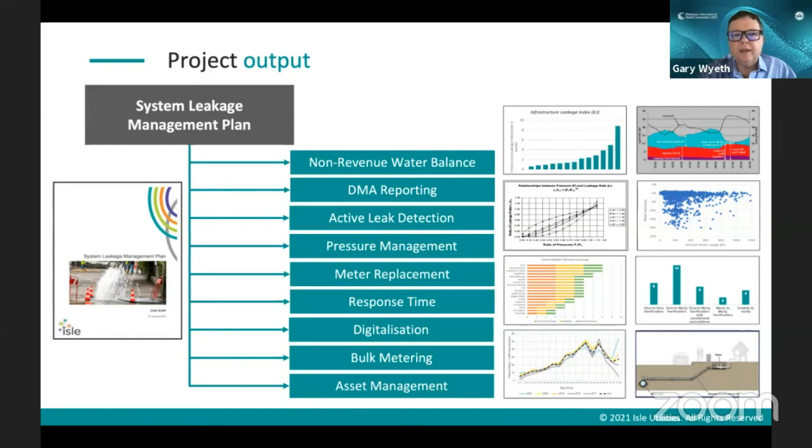All of these 9 areas are a key component of non-revenue water, and managing them properly will help you to manage non-revenue water as a whole. I'm going to go through each of these 9 and go into more detail about some of the areas that we've been looking at with these utilities.